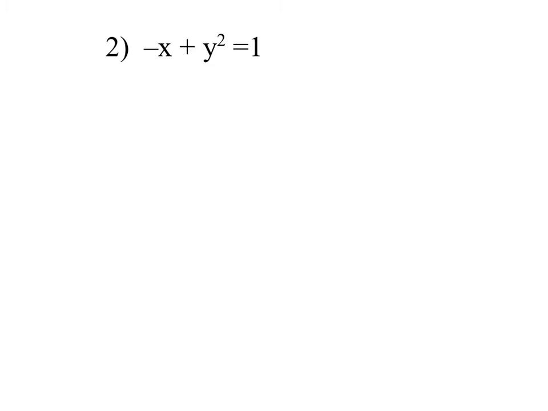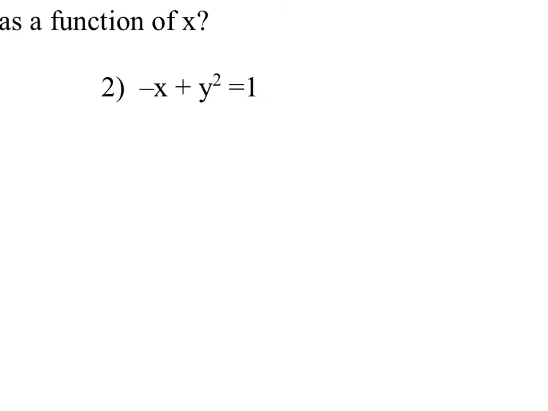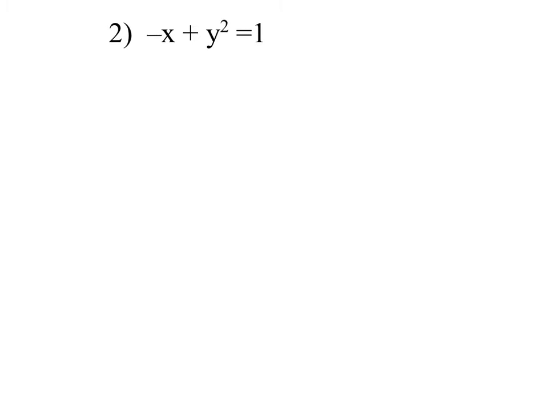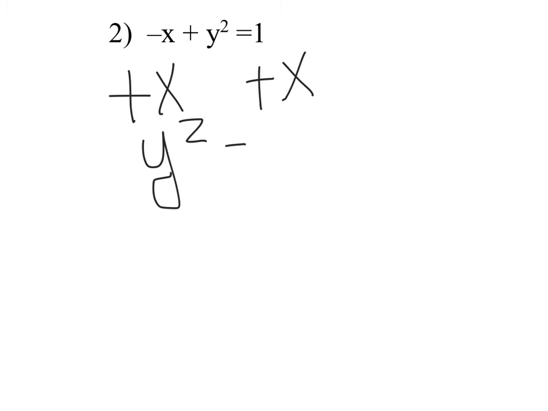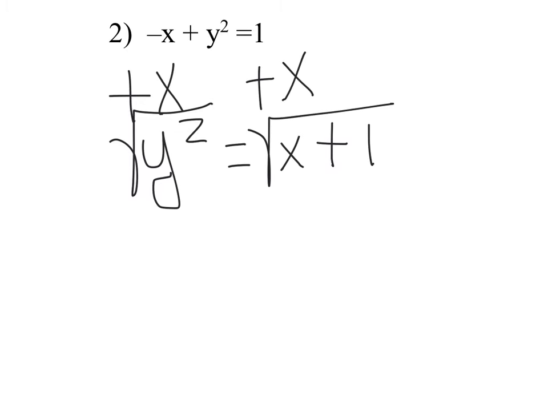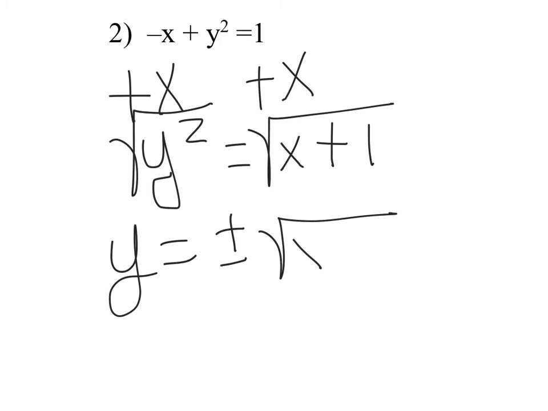Example 2, in example 2 we're going to add the x to both sides of the equation, plus x, and we get y squared equals x plus 1. And now we square root both sides, and our final answer is going to be y equals plus or minus the square root of x plus 1.